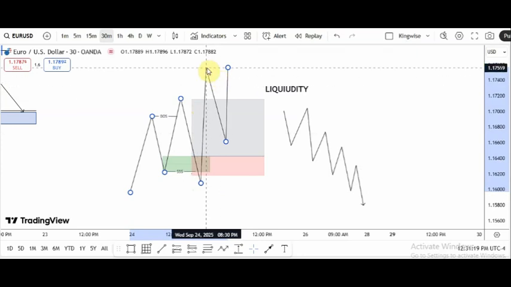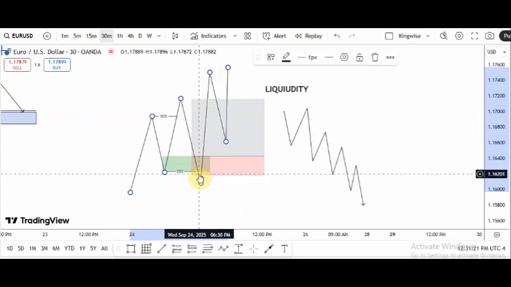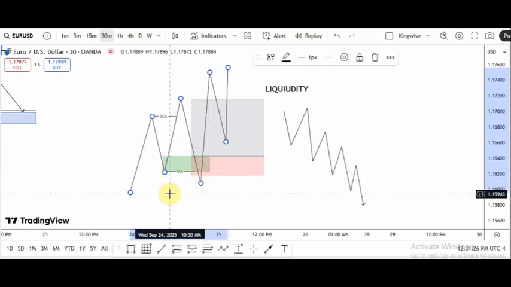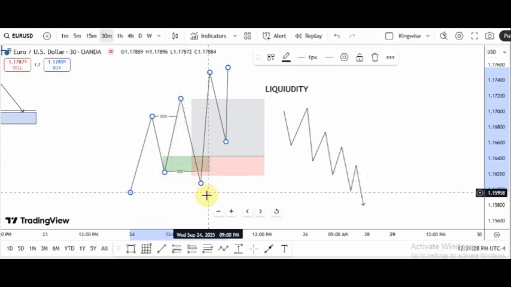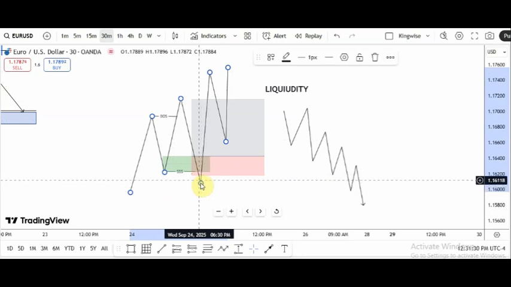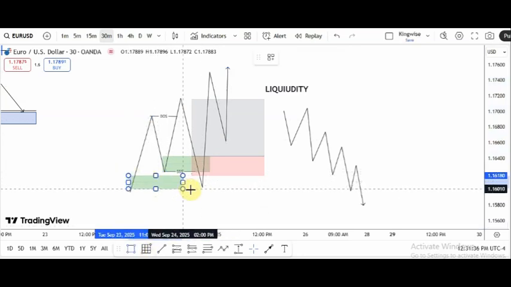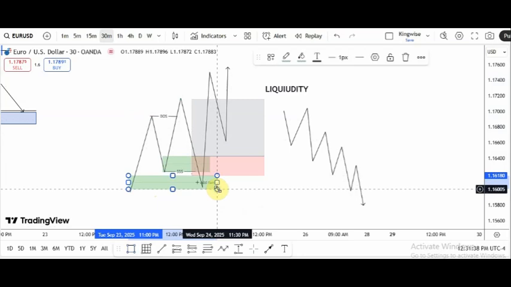This is because they know that there are many stop losses here, and these stop losses are liquidity. Now, mind you, as they are breaking this low, they are coming for a zone. Maybe we have a fair value gap here, or another demand zone here.